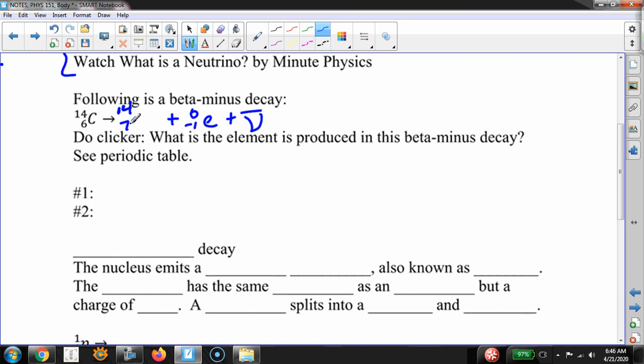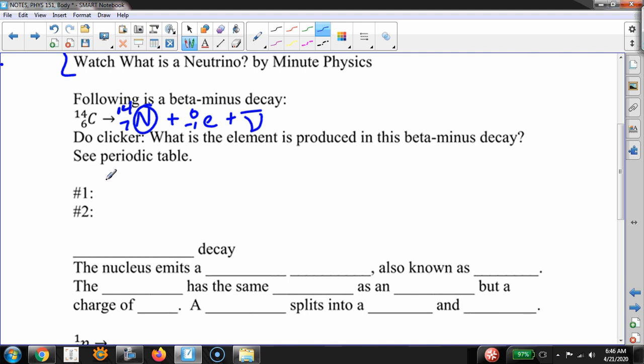So what is my 7th element on the periodic table? You can take a look. It's in the back of your book, by the way. All right, so that is my nitrogen for the beta minus decay. And then I can look at my rules.